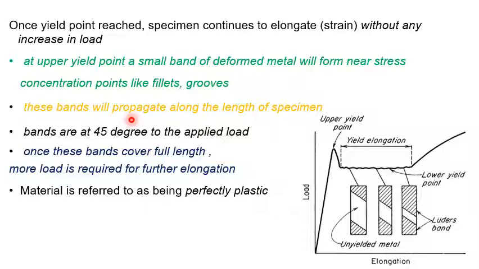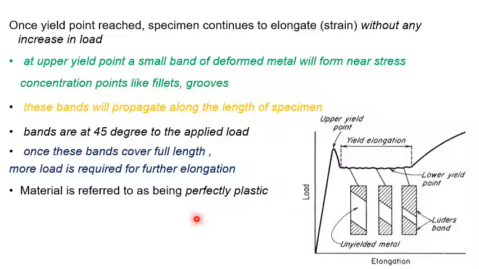That shows there is a movement of the atoms from one position to another, in other words a dislocation movement within the material. These bands are at 45 degrees to the applied load, and once they propagate throughout the length, the material again starts showing resistance to the applied load.